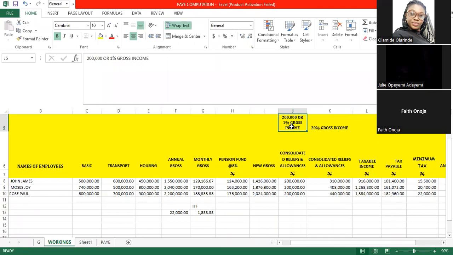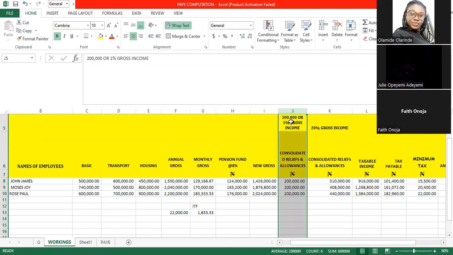Can you take the question again? The network is not stable. I mean the difference between the two consolidated relief allowances: the one of 200,000 or 1% of gross income, and the 20% of gross income. We have two reliefs.